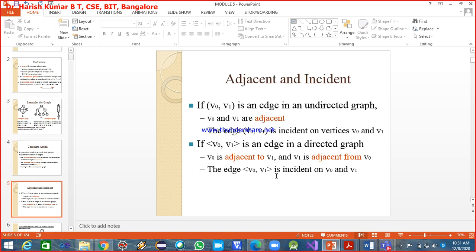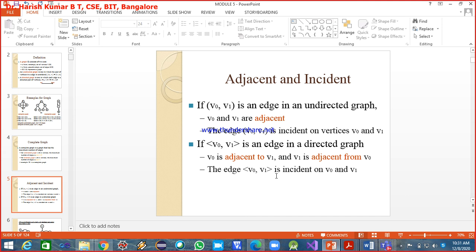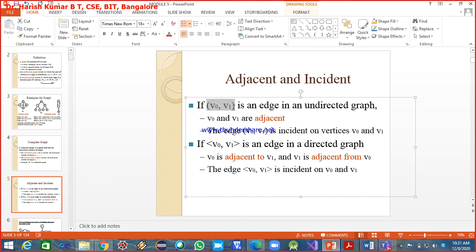Next is adjacent and incident. We have the terms adjacent node and incident node. When I write vertices inside parentheses, it means an undirected graph, because this is an unordered pair.